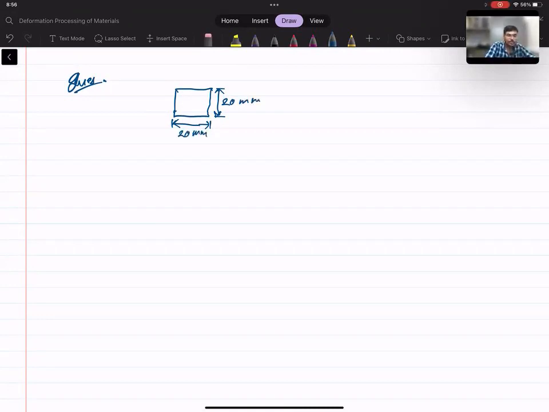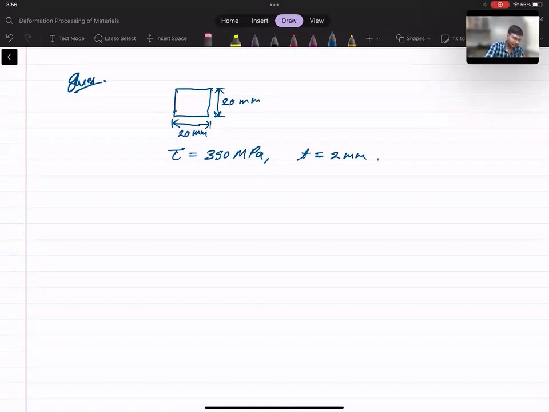So this is a square section, and the shear strength is given to us as 350 MPa. Also, the thickness is 2 mm. Now we need to determine the force required for blanking or punching this part.